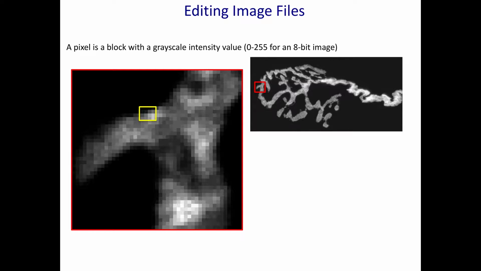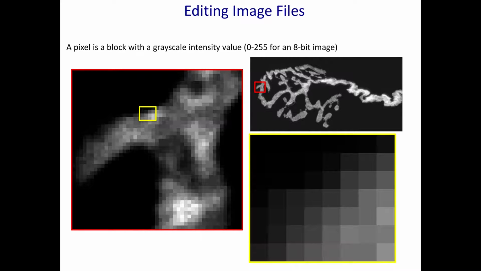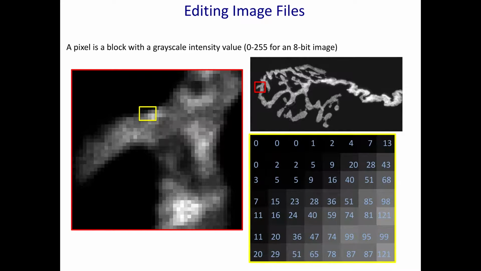In this case, if we zoom up on a set of these pixels, a pixel could potentially have a value between 0 and 255. That's the range that an 8-bit image holds. 8 bits, a bit is just a 0 or 1, so there's two different states it can be in. 2 to the 8th power is 256, so by definition an 8-bit image has 256 different intensity values that the pixel can have.